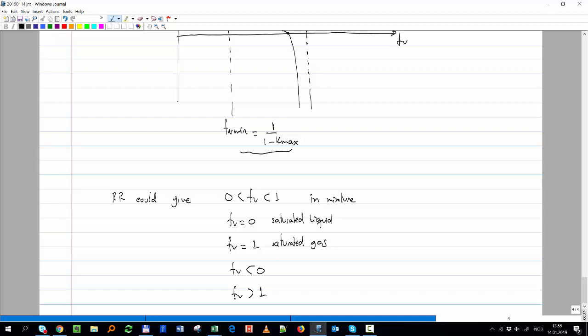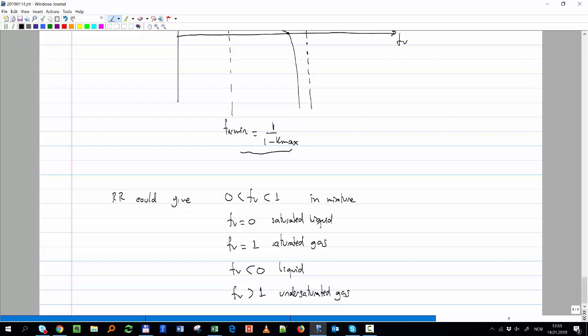That means that here I have undersaturated liquid and undersaturated gas. So be prepared. Sometimes you don't know beforehand, and I'm going to tell you tomorrow how we deal with that. We are not sure if we are in a mixture to start with.